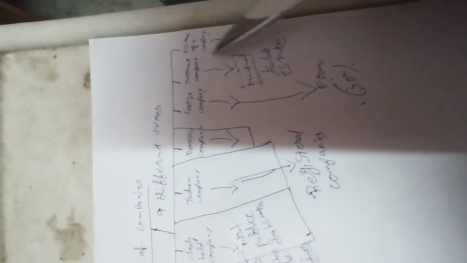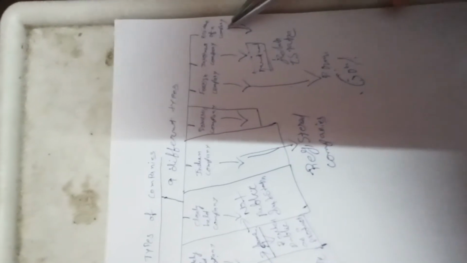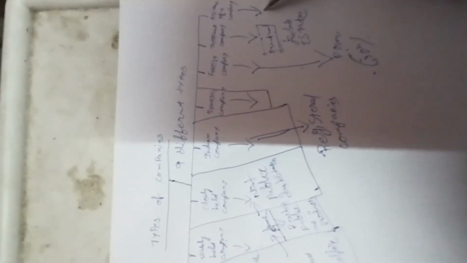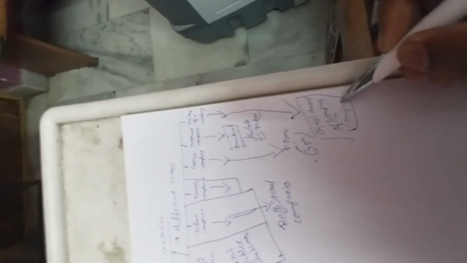And the next one is the residence of a company. Residence of a company is nothing but, it can be any type of company, but when the residential status of a company is in India, then that company is said to be a resident company.